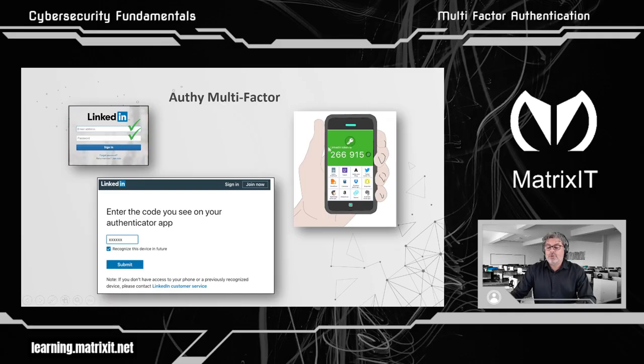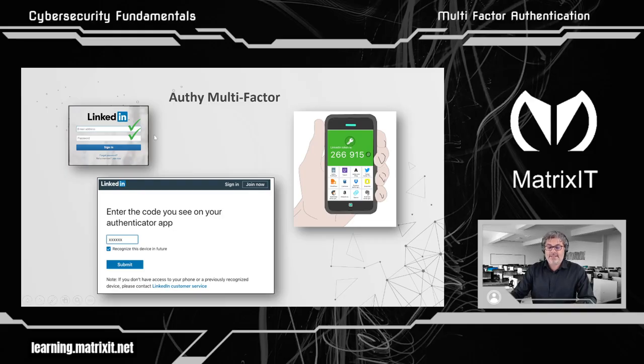This app rotates this number over and over every 30 seconds. That number changes. I type it in within the 30 seconds, and LinkedIn has the same type of app with the same number. That number is exactly the same that LinkedIn has, and it rotates every 30 seconds. They're using the same algorithm. So it stops them from sending you anything, because if they send you something, it can be intercepted. This is not being intercepted.